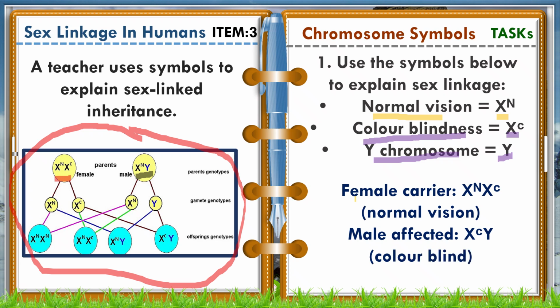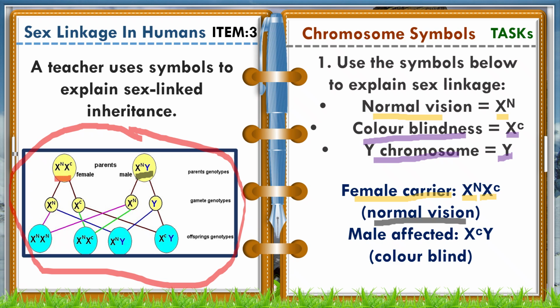So the female becomes a carrier if she has a normal X chromosome and an X chromosome which has got a color blindness gene. This female will become a carrier, but this female will have a normal vision.